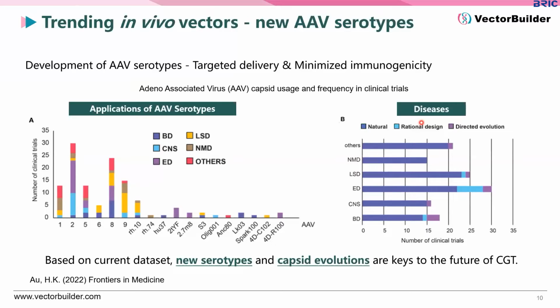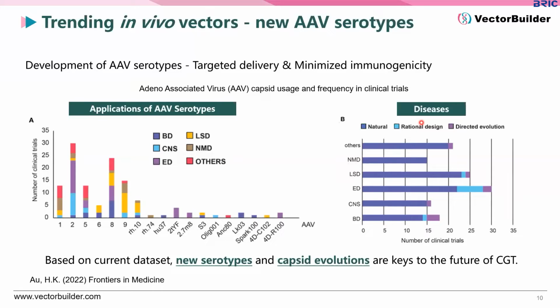Of course, AAV serotypes are being used across many diverse areas of disease, rare disease particularly. We are seeing that AAV2, one of the oldest, earliest discovered species of AAV, was used heavily in early clinical trials. But of course, we are seeing a lot more new serotypes.